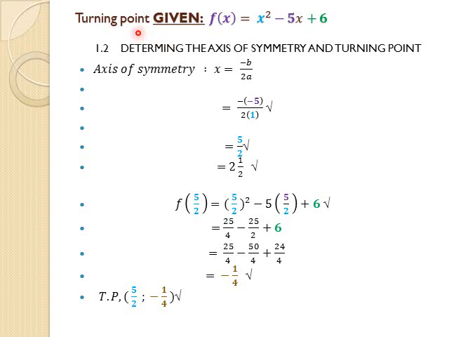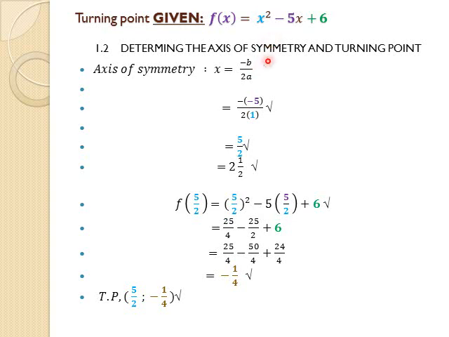Right, now all parabolas have a turning point. To get the turning point given a quadratic equation, we have to determine first the axis of symmetry and then the y value. For axis of symmetry, x equals minus b over 2a. So a is 1, b is minus 5, and c is 6, going alphabetically, a, b, and c.